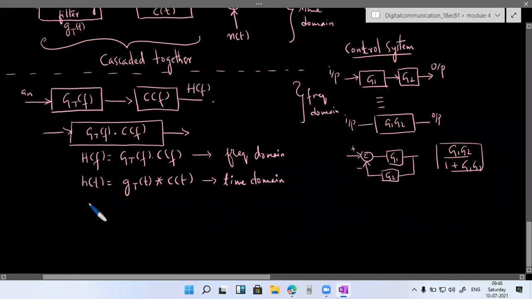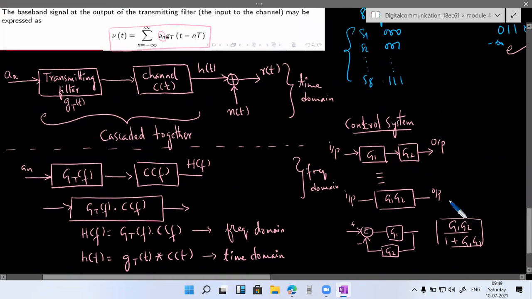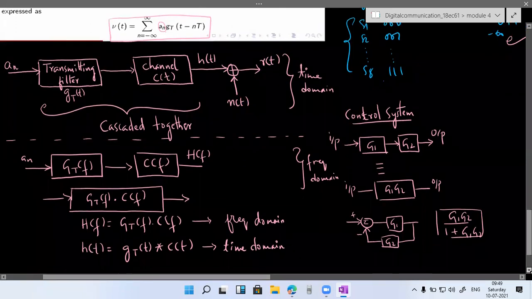Now to this H of f, or in other words H of t, noise component is getting added, and in turn this results in R. So H of t plus N of t in turn results as R of t.